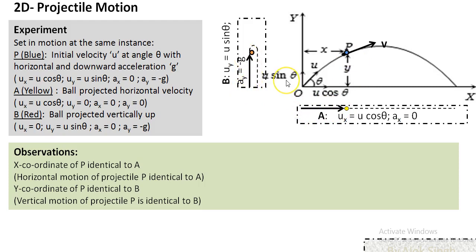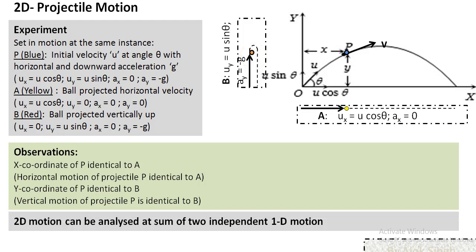So whenever we want x coordinate of P at a particular time t, how do you find x coordinate? We find the displacement of particle A in time t. That would be equal to x coordinate, and the y coordinate will be equal to displacement of particle B along y axis. So 2D motion can be analyzed as sum of two independent one-dimensional motions.